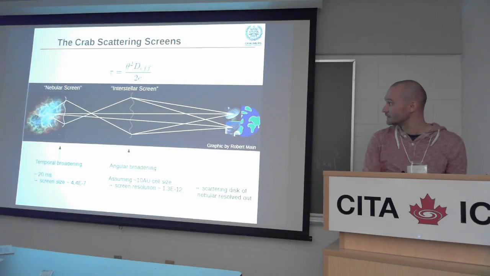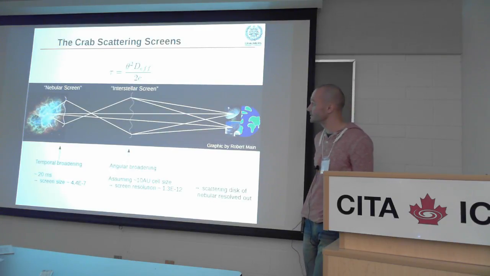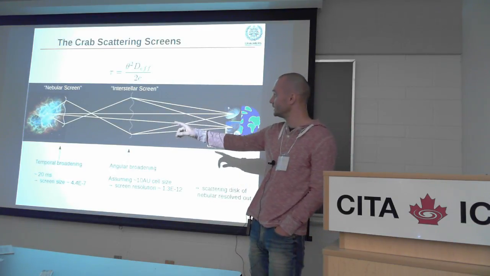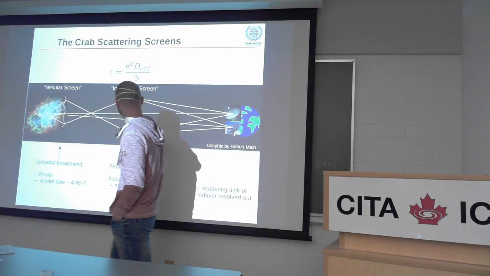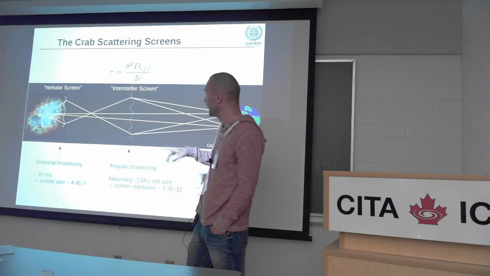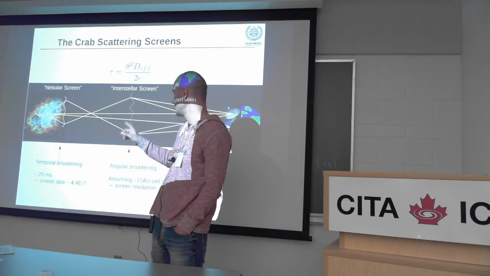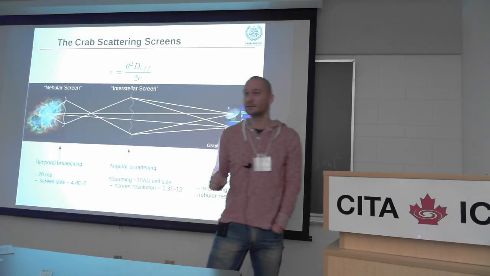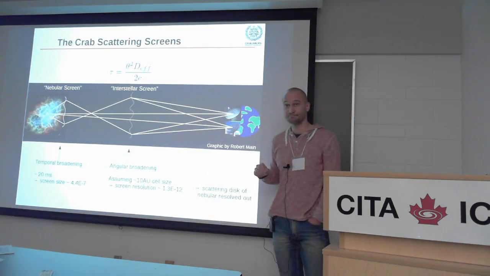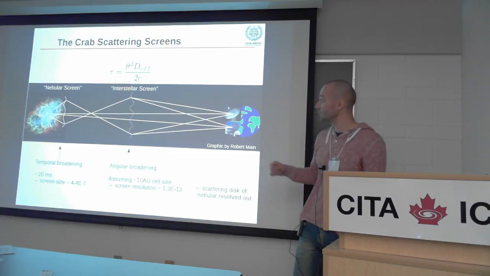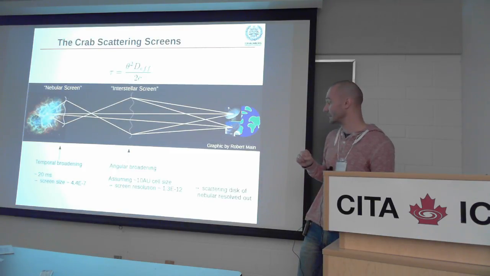But going back to the scattering screens, the idea currently is that there is the one screen, which is the nebula, then there's the interstellar screen, and then there's us. And the current picture is that all of the temporal broadening, all of the temporal smearing, is produced in the nebula, while whatever we see in angular broadening is from the interstellar screen.